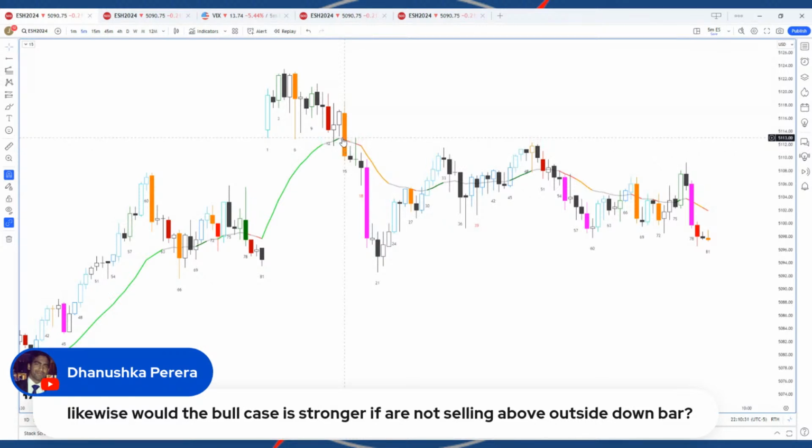Outside bars are incredibly context dependent, which is one of the reasons why they require a lot of study to be able to trade the outside bar properly. So again, they are more context dependent than a lot of other things. I mean, obviously everything is context dependent, but like this outside down bar, we got selling above it, which made sense.